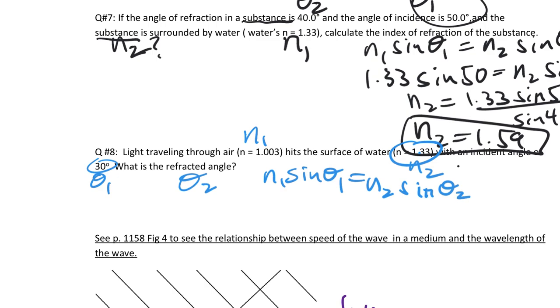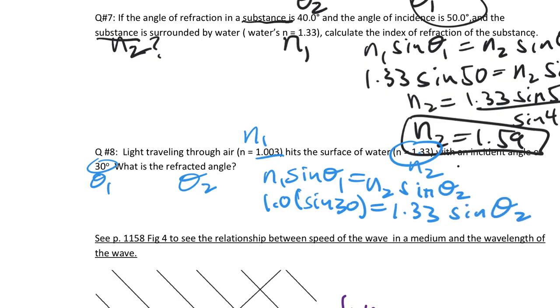Okay, so plug in your values. 1.0, I'm going to just make that 1.0. It's basically the same as vacuum, times sine of theta 1, what's theta 1? Sine of 30, equals N2, this is 1.33, times sine of theta 2, I don't know what that is.